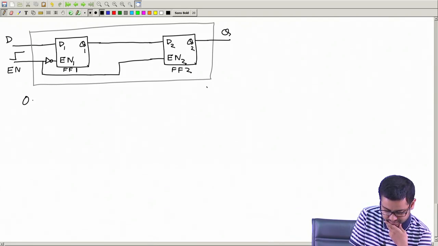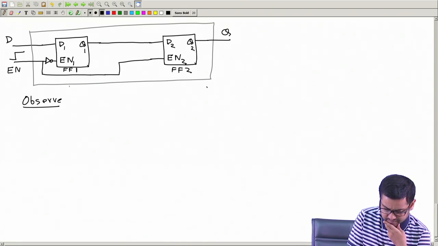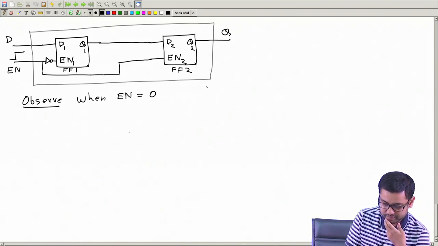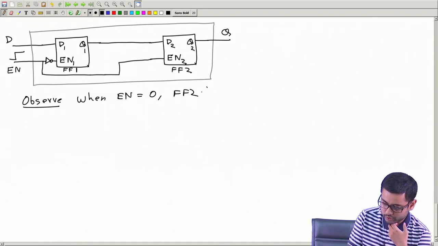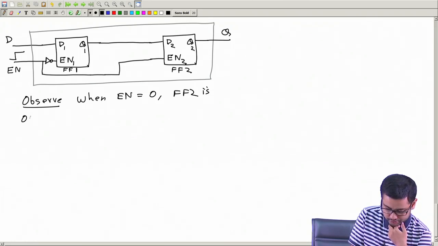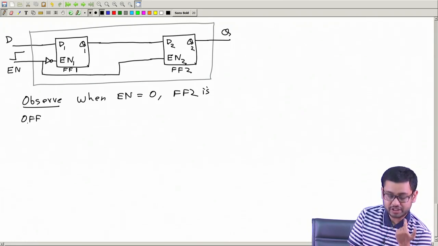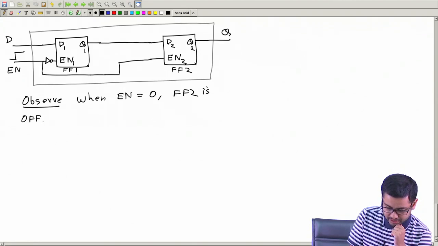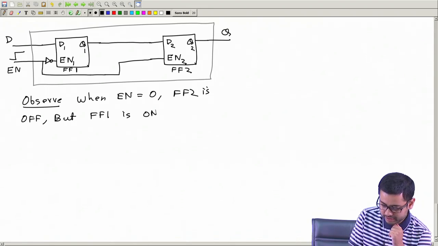Observe that when enable is equal to 0, then flip flop 2 is off, that means non transparent, but FF1 is on.